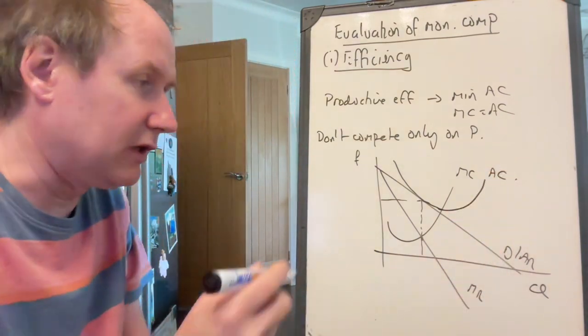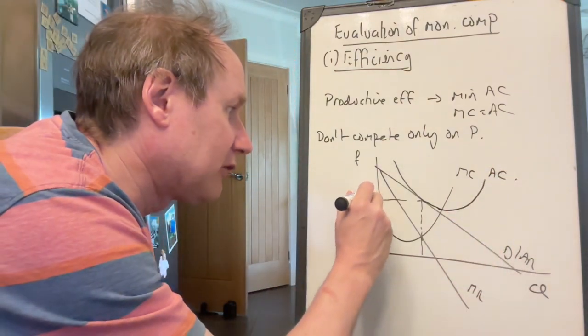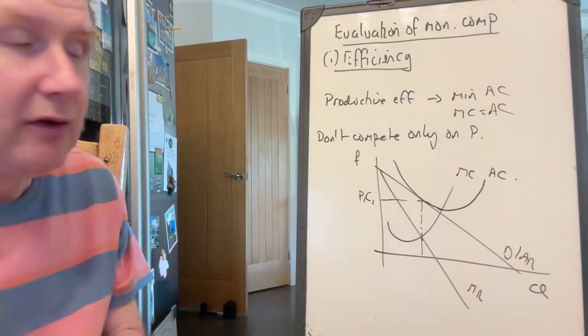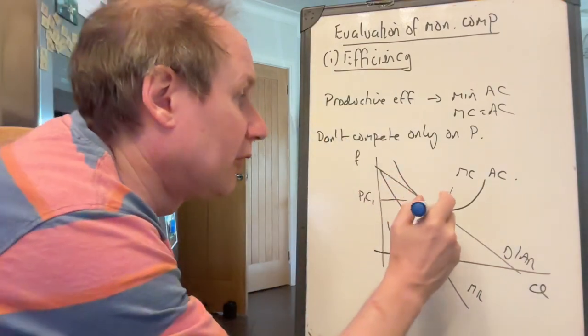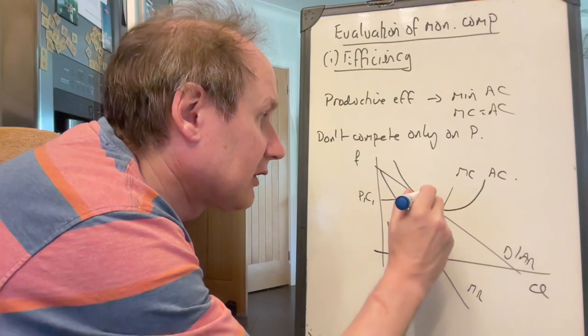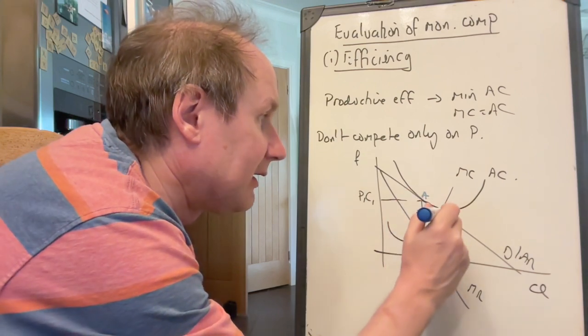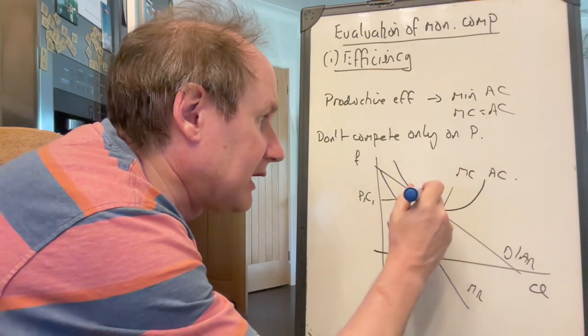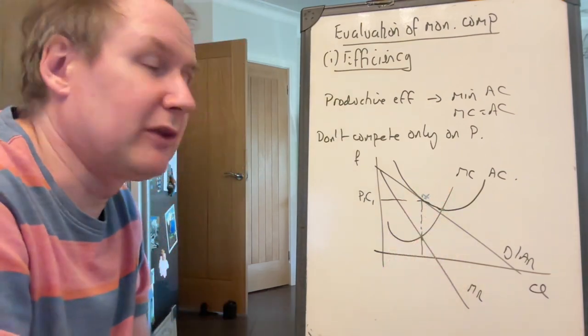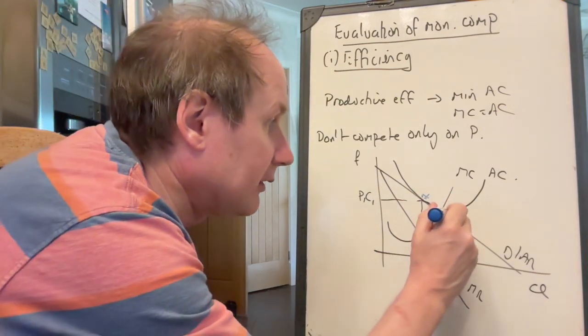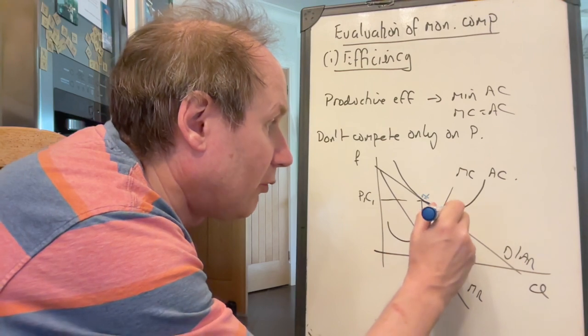As a result, we can say that the firm's price and cost are P1, C1, whereas it would be possible, theoretically, so the firm is operating at point X, whereas the productively efficient output is point Y there.